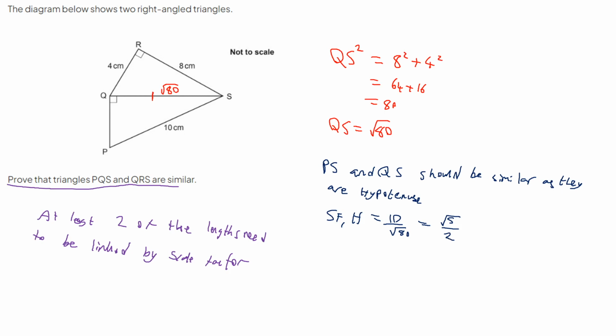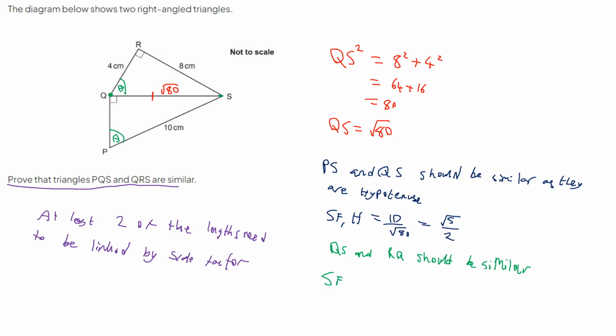Additionally, we are told that QS and RQ should be similar. Why? Because both of them represent the, if this is my theta and this is my theta, both of them are the opposite. Okay?